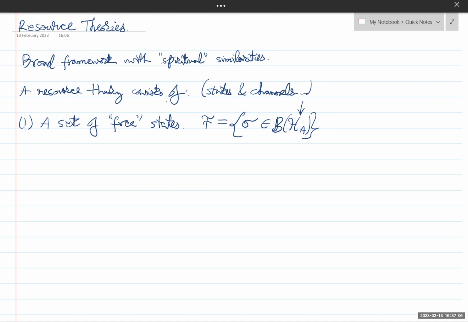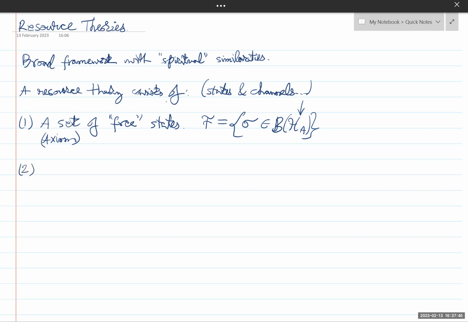You can bring systems together, you can partial trace, and so on. So these states don't have to act on the same space. And this set F is just axiomatically defined to be free. In a few minutes, I will come to what it means for something to be free, or why we would want to define states as free.